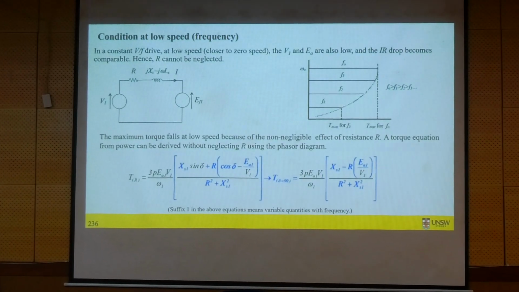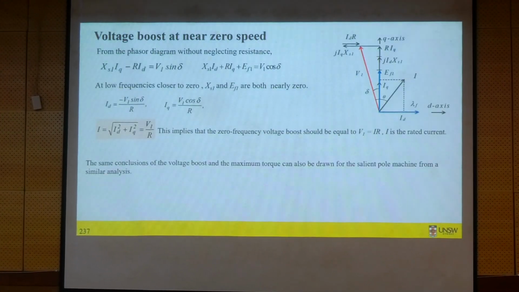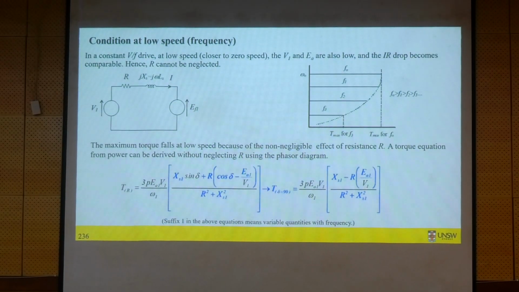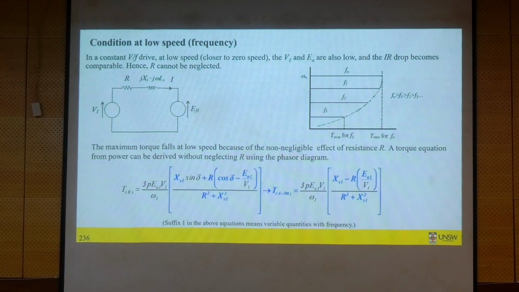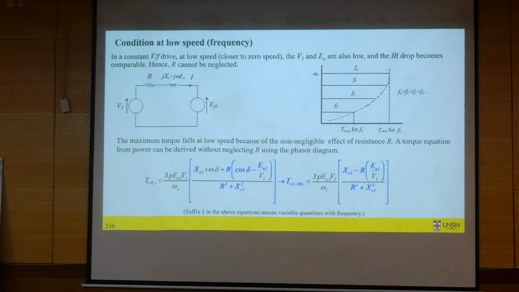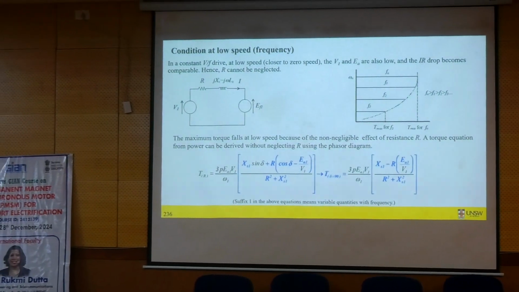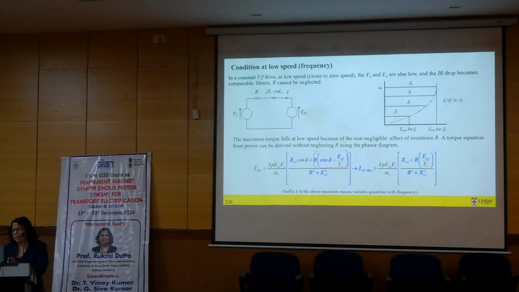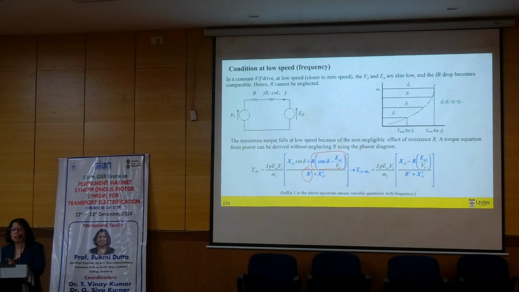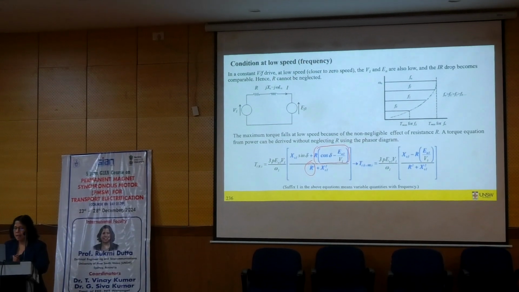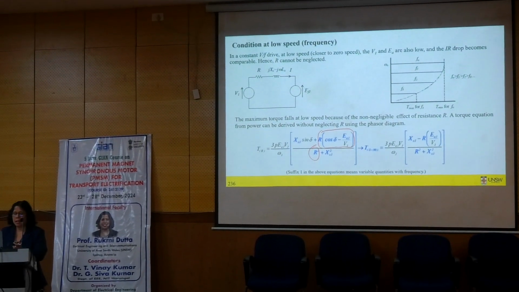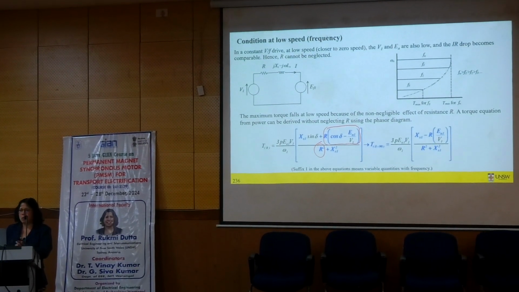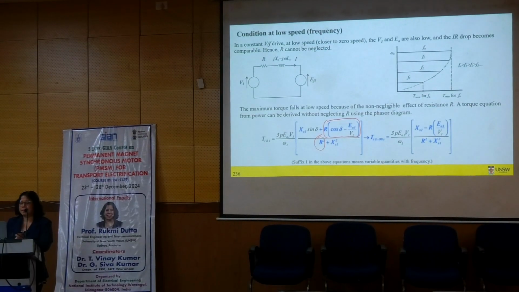In that torque equation, even if I keep V/F constant, I am not going to get the same constant torque anymore, because we have an extra resistive component in our torque equation. So our previous assumption that constant V/F gives constant torque is no longer true here.